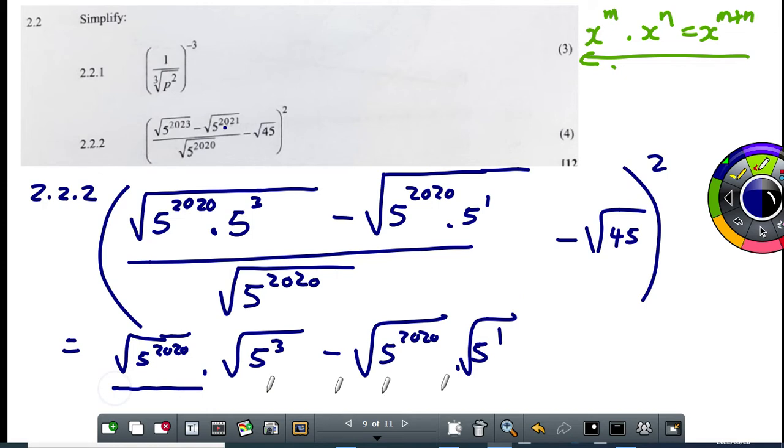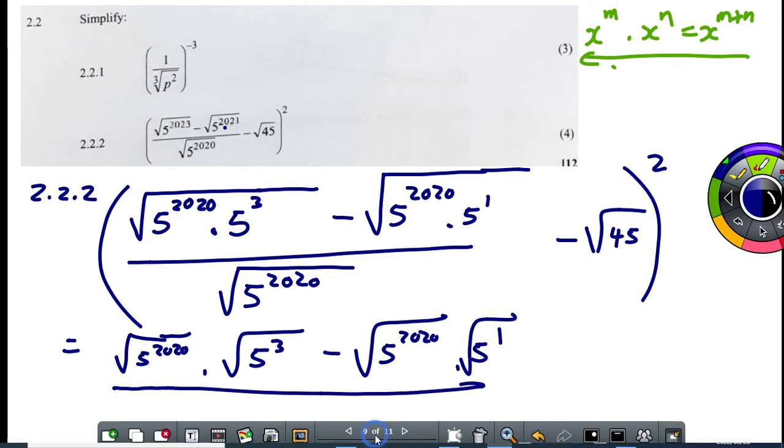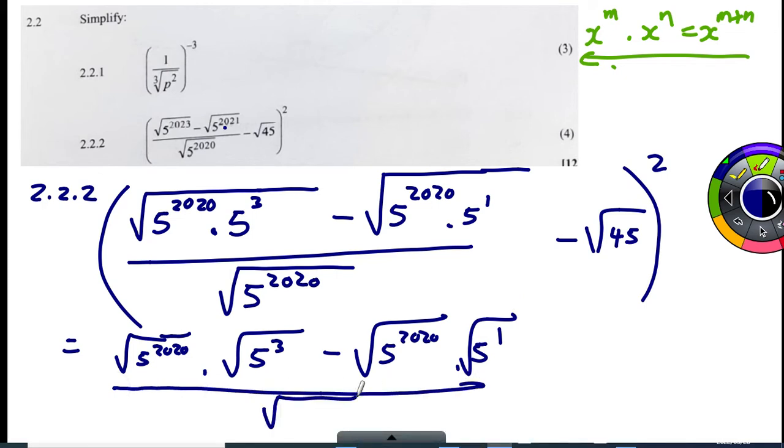This is all over the square root of 5 to the power of 2020 minus square root of 45. Please, at this stage, don't touch the square root of 45. Don't touch it until you deal with the exponential terms. Okay? Don't touch that square root of 45. Right? Okay, any questions so far?